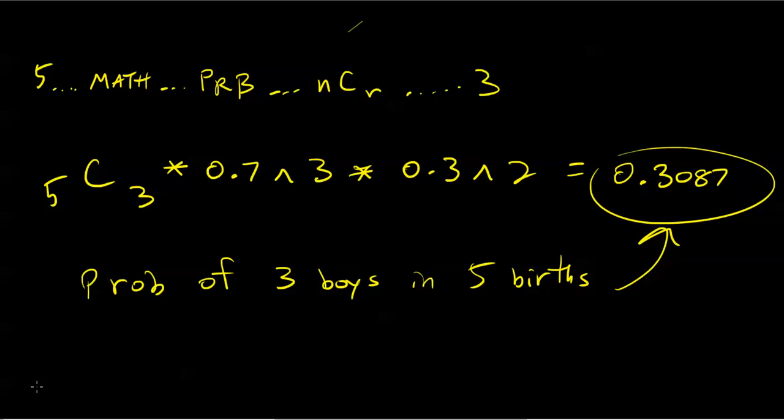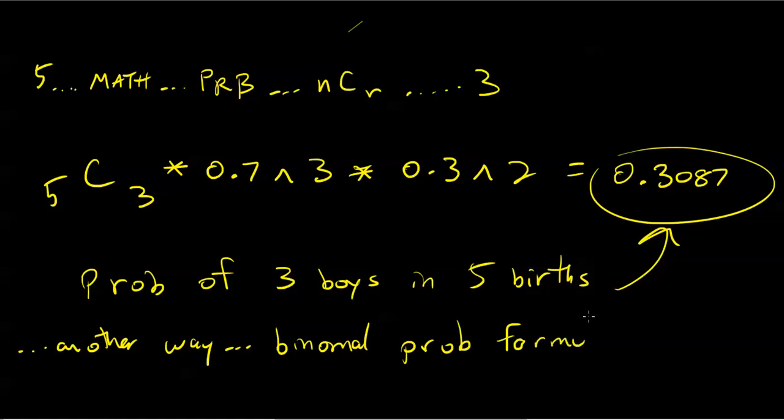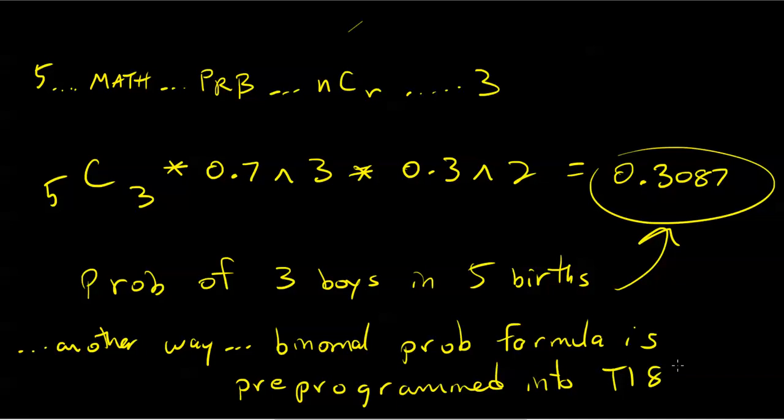All right, there is another, somewhat simpler way. What I'm getting at is the binomial probability formula is already pre-programmed into the TI 83 or 84 calculator. And I'll show you how to get there in a minute.